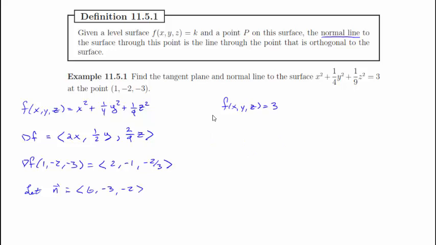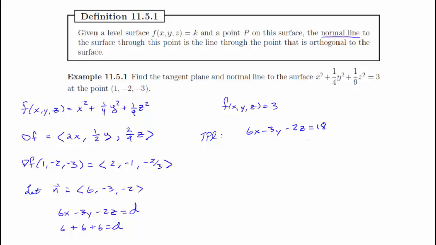I want to use my standard formula, so 6x minus 3y minus 2z equals d. The point in question is (1, -2, -3), so I can plug that in and get 6 plus 6 plus 6 equals d. So the tangent plane is given by 6x minus 3y minus 2z equals 18.